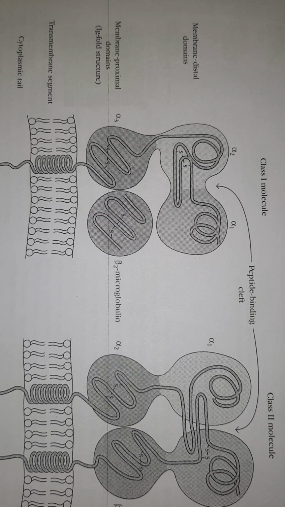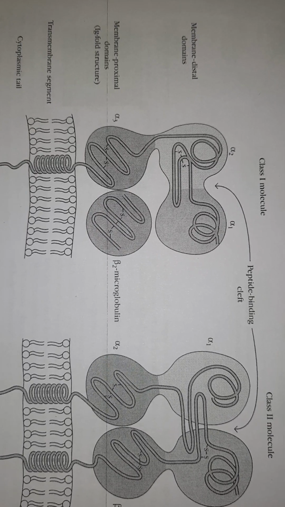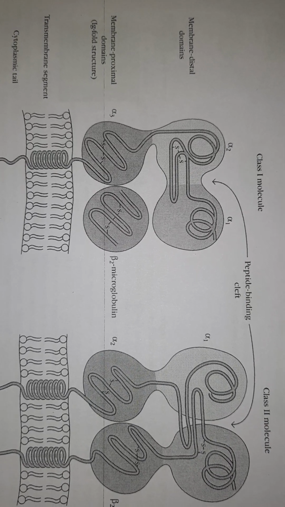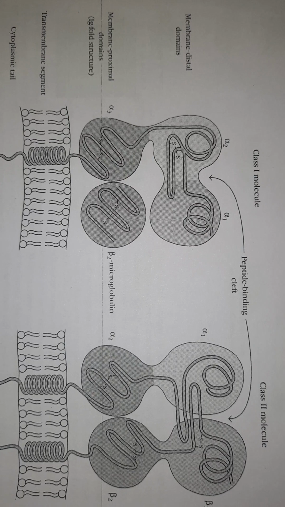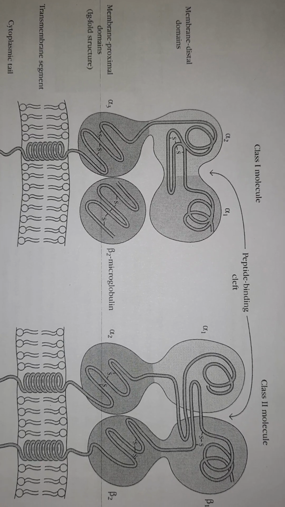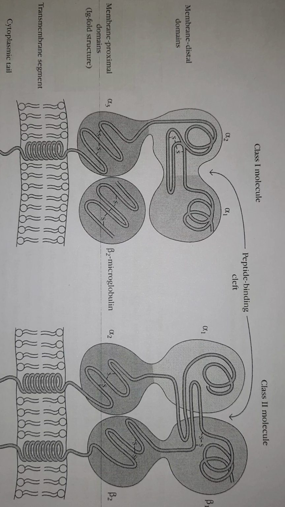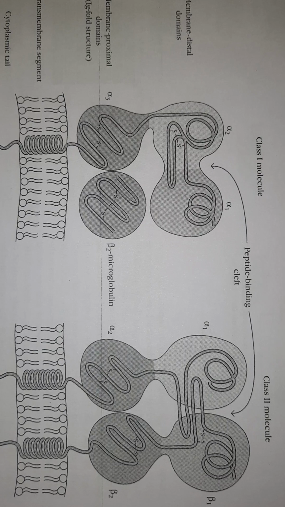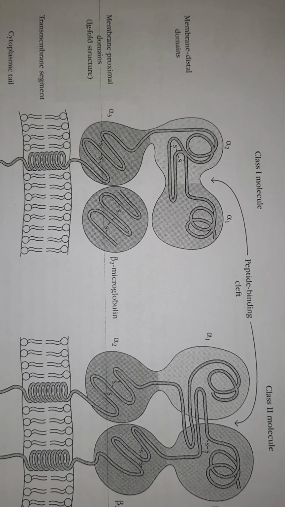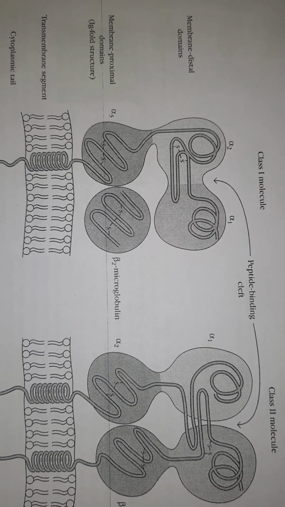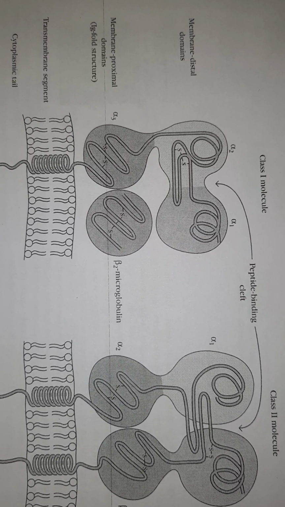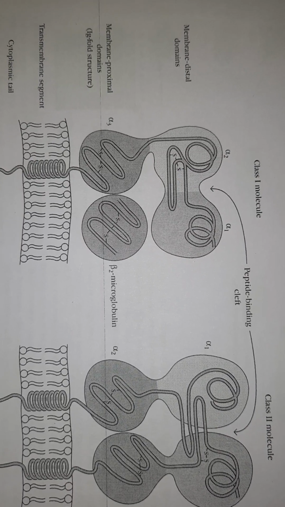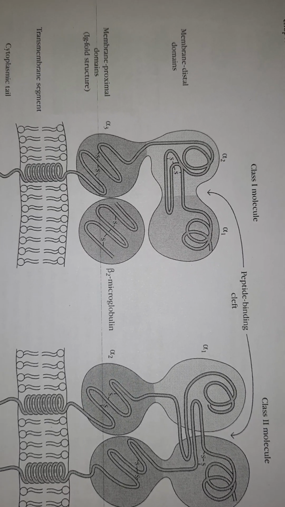The association of the alpha chain with beta 2 microglobulin is required for expression of class 1 MHC molecule on the cell membrane. The alpha chain is anchored in the plasma membrane by its hydrophobic transmembrane segment and hydrophilic cytoplasmic tail. The enzyme papain cleaves the alpha chain just 13 residues proximal to its transmembrane domain, releasing the extracellular portion of the molecule.